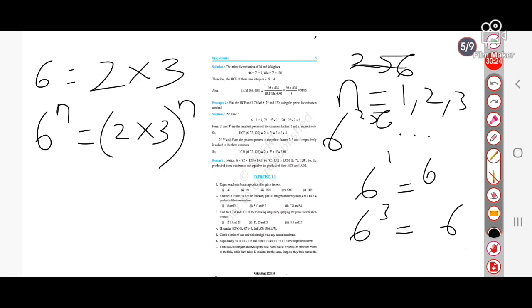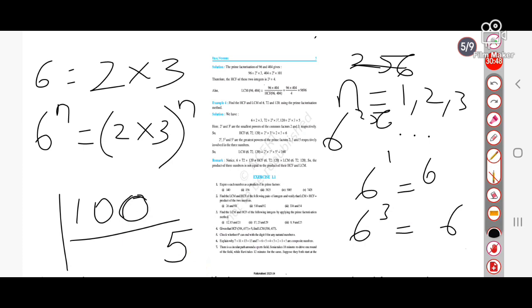If a number ends with the digit 0, whether we do the prime factorization method or whatever it is, we need a 5 in one of its places.